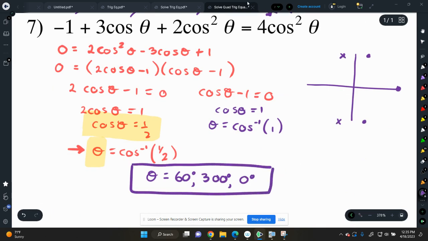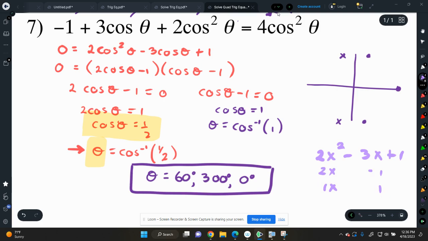Yes, sir. How do you factor it? Like we have the parentheses. I'm confused on that part. So just think of it as 2x squared minus 3x plus 1. So I factor the 2x squared as 2x and 1x, and we factor the 1 as 1 and 1.